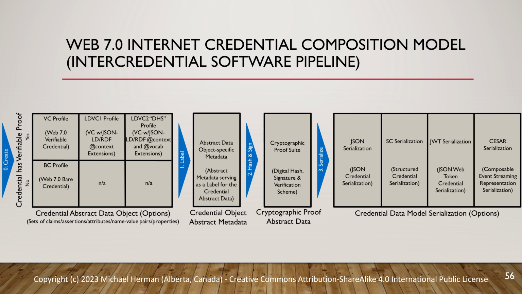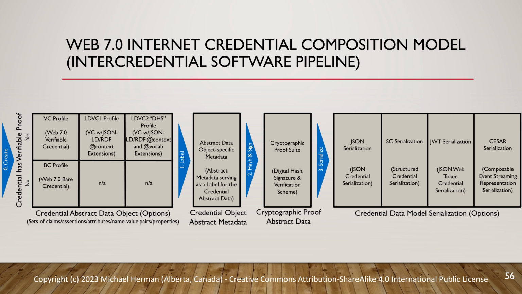So we have 3 steps in our process, 4 essentially. The first one is to create the bag of properties, attributes, name, value pairs that comprise our credential. Next, we want to add a label to that collection of properties, things like the type information, and then the ID for the credential.